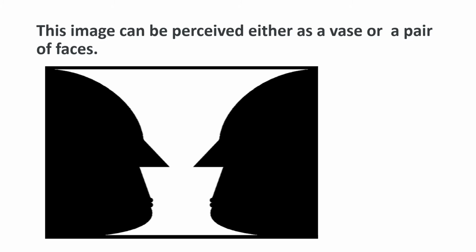Figure means the object. In this screen, what is the object? This is the vase. So this is the object or a person, that is the focus of the visual field. Here the focus of the visual field is this vase. And background means the solid surface.